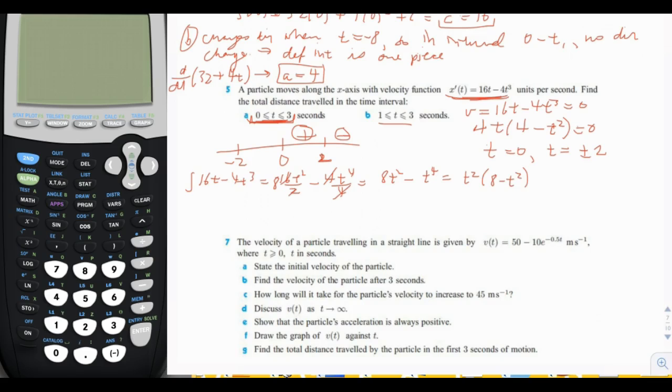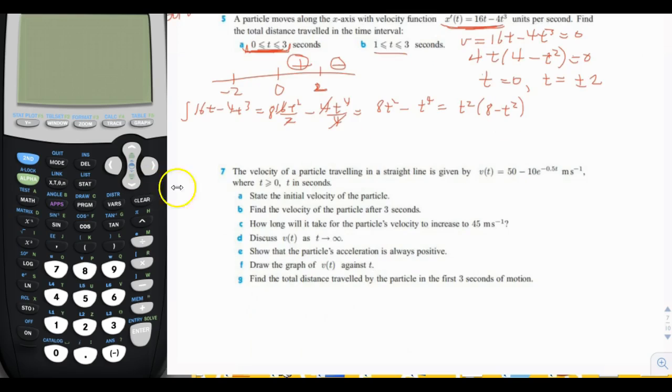Okay, so that's the displacement function. Now we can find the total distance traveled from 0 to 3 using the definite integral from t equals 0 to t equals 3, but we do need to divide it up into two sections.